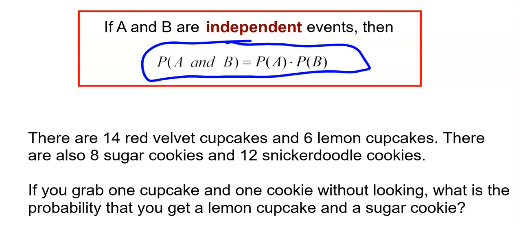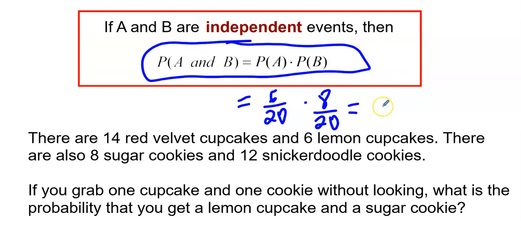So the probability of A, which is cupcakes: I want to pick a lemon cupcake, so that would be 6 out of 20. Times the probability of B. B is picking the cookie in this case. I want a sugar cookie, and that would be 8 out of 20.